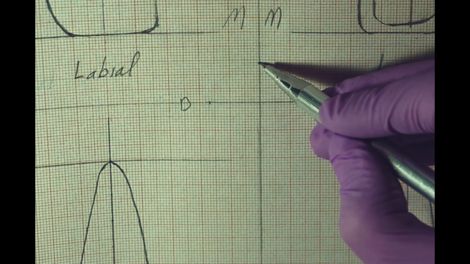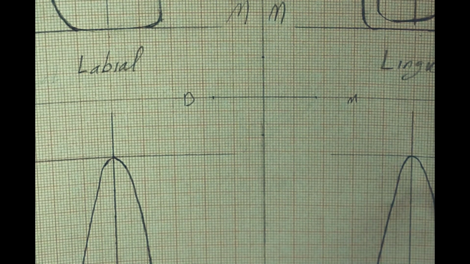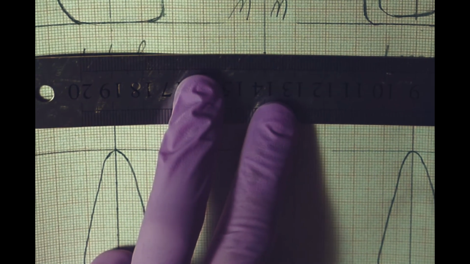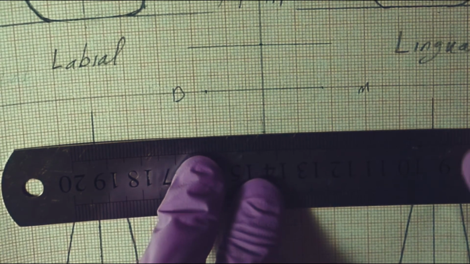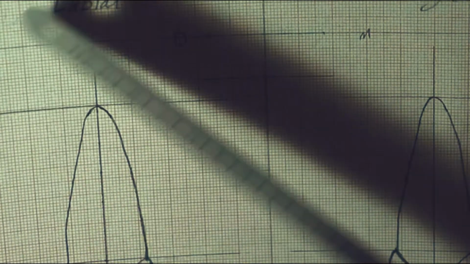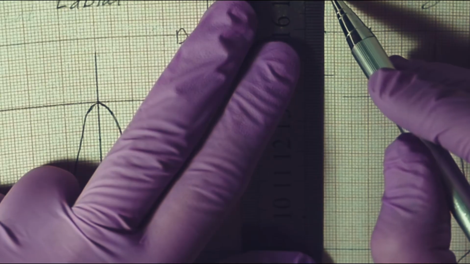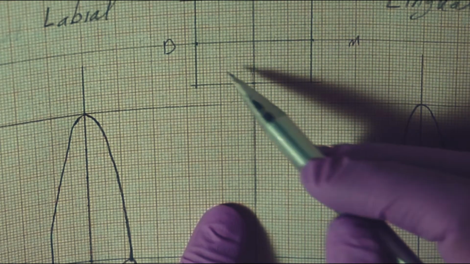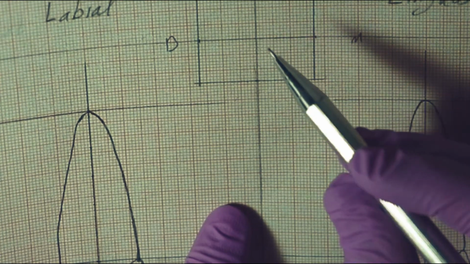From these 4 marks, I will draw 4 lines, forming a box. Within this box, I will draw the outline of the incisal aspect of maxillary right central incisor.